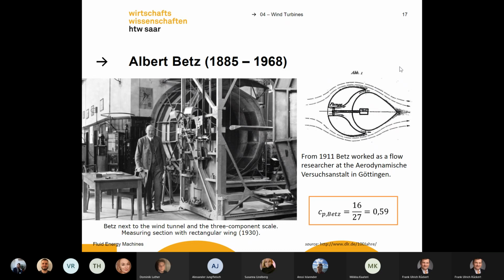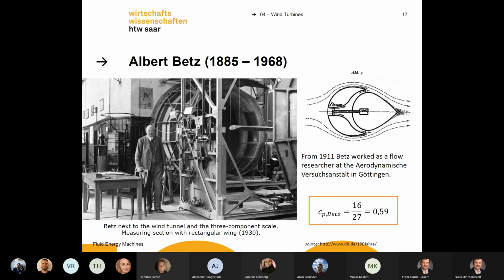But then it was not so common. Windmilling was not so common in the middle of the last century. They used more coal power plants or nuclear power plants, but it existed. And there's a famous scientist called Albert Bates.